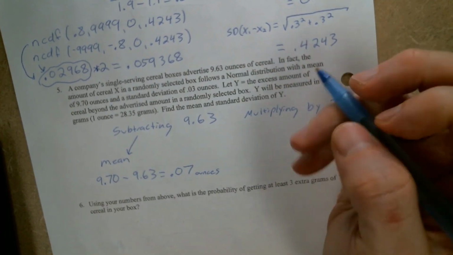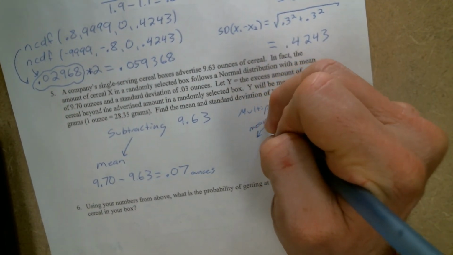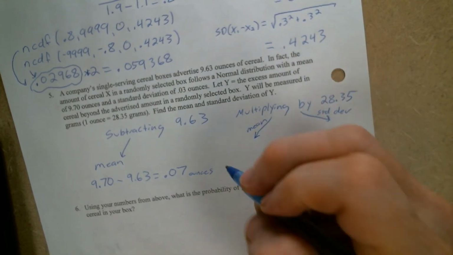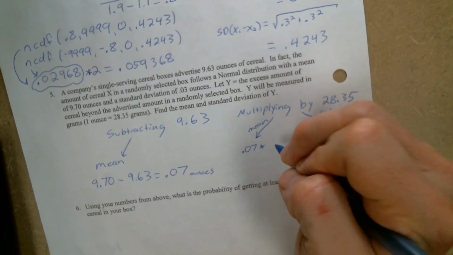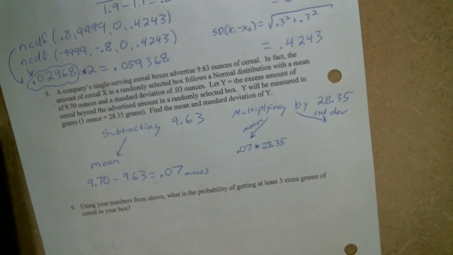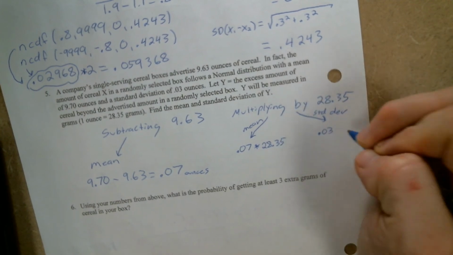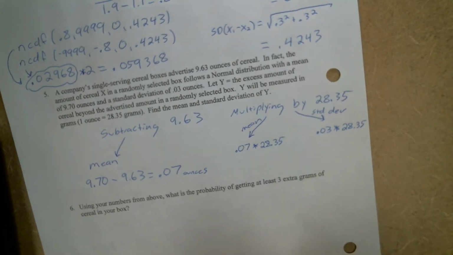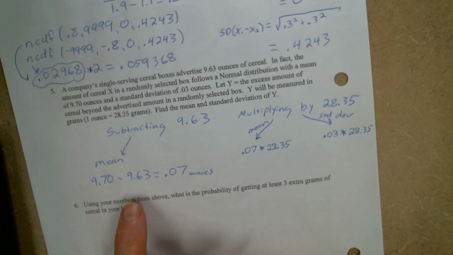So when we get over here to the multiplying by 28.35, this affects both the mean and the standard deviation. So we're going to take this 0.07 and multiply it by 28.35. We're going to take this 0.03 that we started with and multiply it by 28.35. So this one only impacted the mean because we were adding and subtracting a constant.